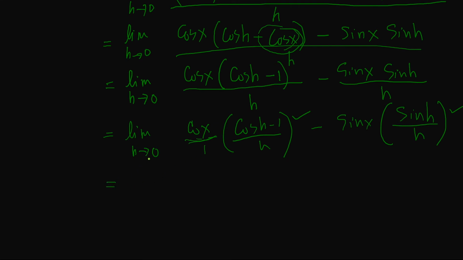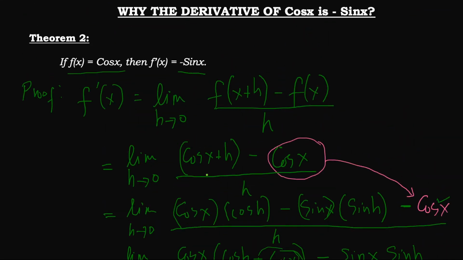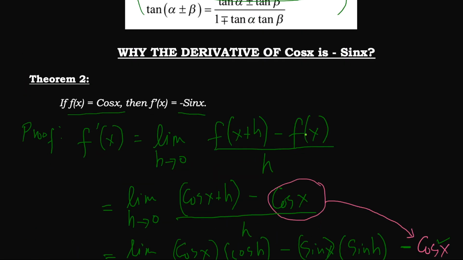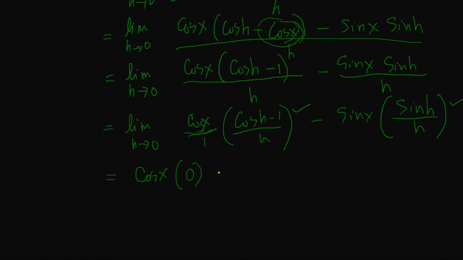So this time we are very ready to drop the limit sign. The limit of cosine x is still cosine of x. And the limit of cosine of h minus 1 over h is equal to 0, as you could still remember in our previously known limit, this one. So that is equal to 0, minus sine of x times this whole expression here, which is equal to 1.